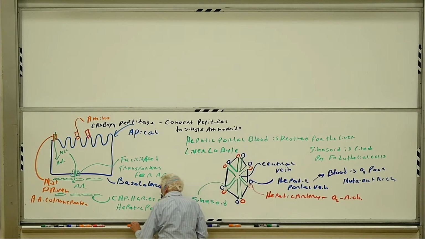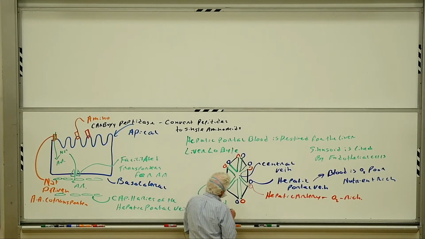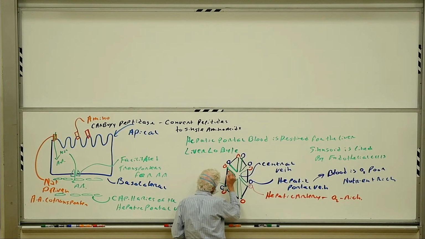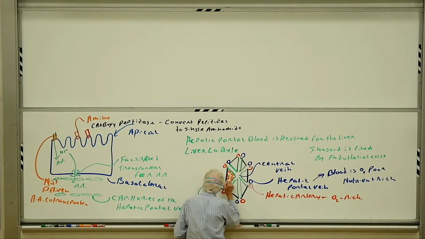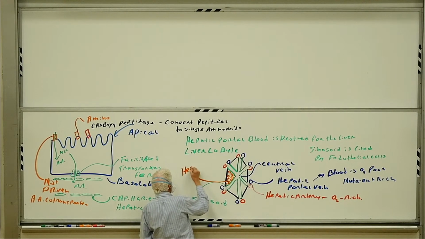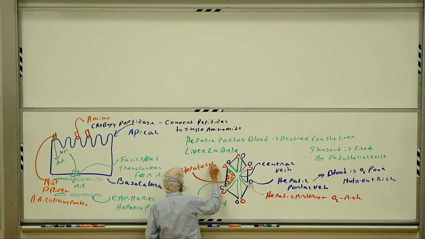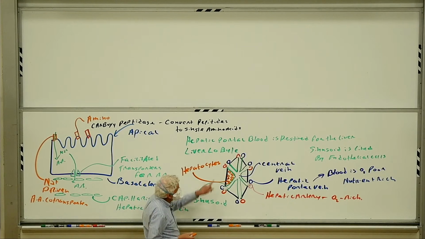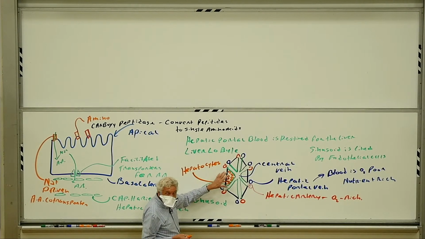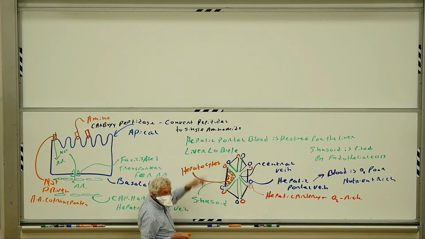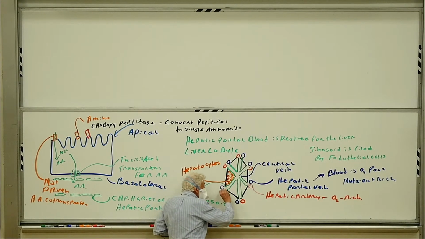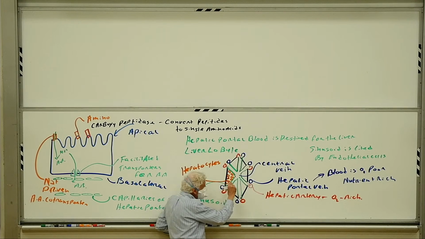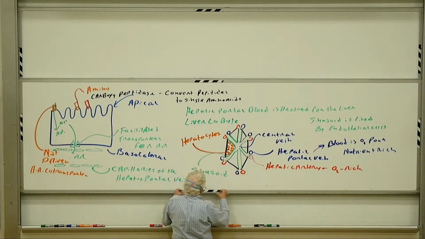And then right next door to the endothelial cells of the sinusoids are thousands and thousands of cells known as hepatocytes. These are basically liver cells. Now I'm going to take this pattern and try to reproduce it in the upper board. What we're going to do is look at the interface between the endothelial cells of the sinusoid and the hepatocytes, and imagine what's going on there.